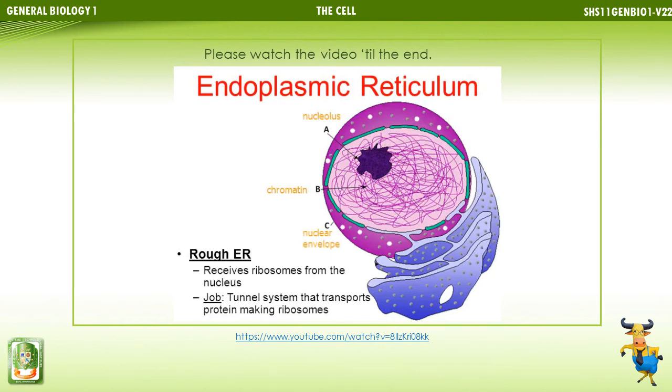Notice how the blue is the rough ER, and there's gray dots all over it. Well, look in the animation. You see gray dots exiting the nucleolus in the animation. And those gray dots are traveling through the blue rough ER. That means those gray dots have to be the ribosomes. The job of ribosomes is to make proteins. We're going to go into more on that in just a few moments.